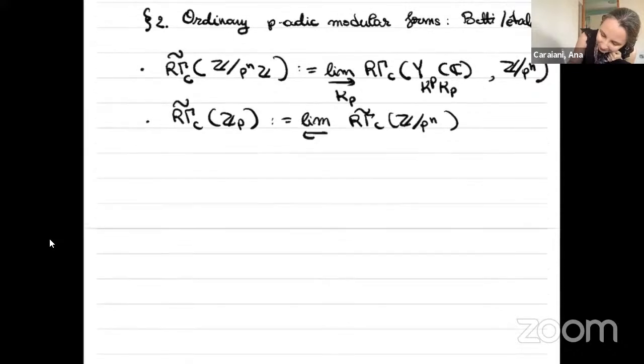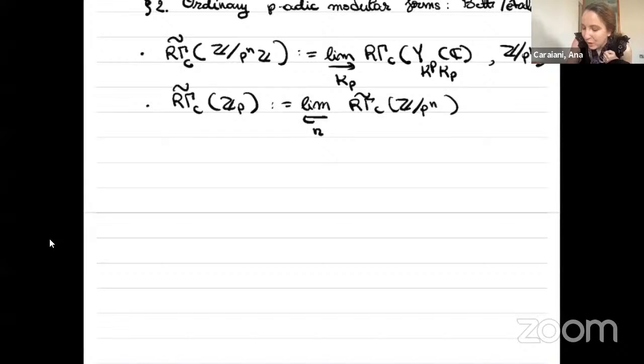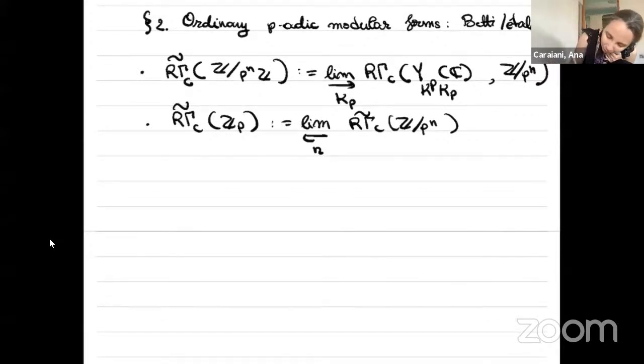I don't want to go into details of how precisely to construct these, but let me just say that these complexes have cohomology that has nice finiteness properties. So the cohomology is, for instance, p-adically admissible. It's a p-adically admissible representation of GL2(Q_p). And because of these nice finiteness properties, Mittag-Leffler is satisfied, and so it doesn't matter whether I take lim or R lim or anything like this.